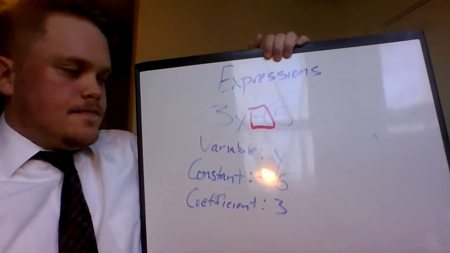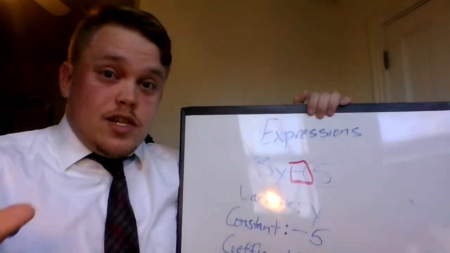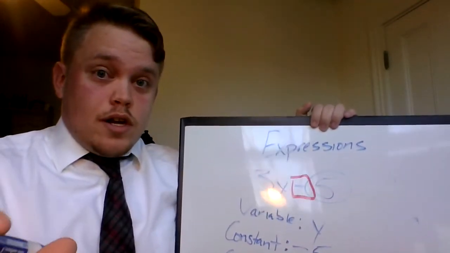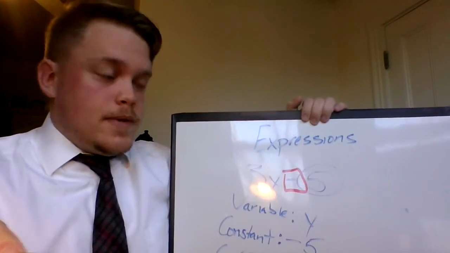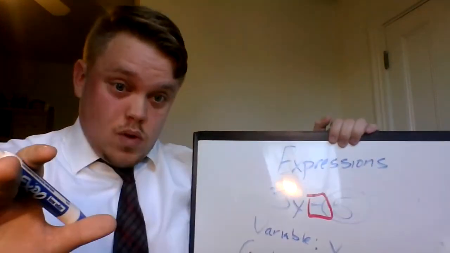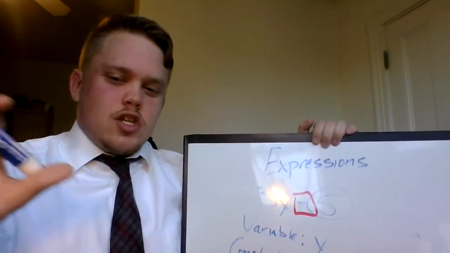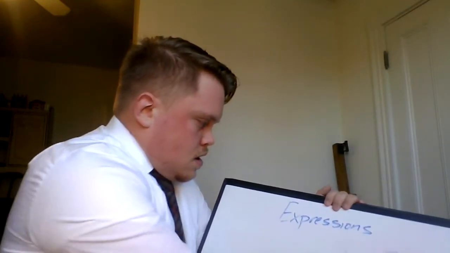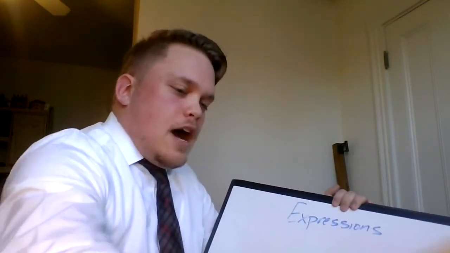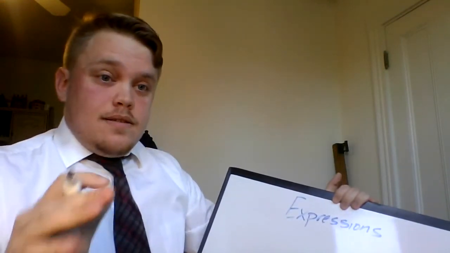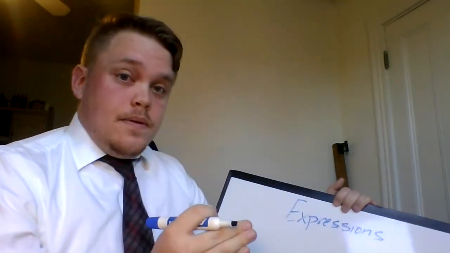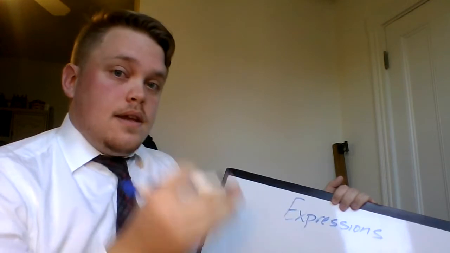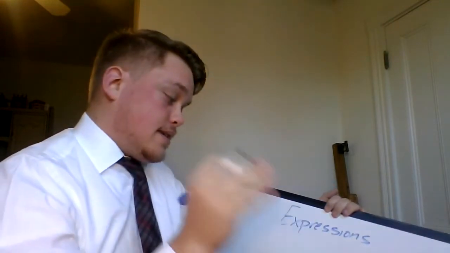Just that easy. Now, before I let you try this on your own with the worksheet that's posted on Google Classroom, I want us to look at a challenge one. I want you to identify the variable, the constant, and the coefficient of this expression.